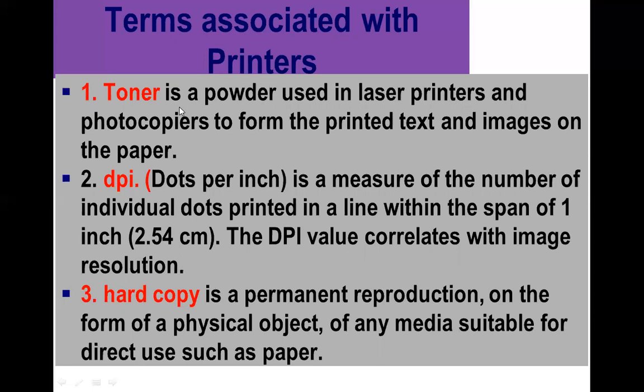If you want to make these images or texts on paper, you have to have toner, especially when you're using the laser jet or laser printers, those that use the powder. So that powder is called the toner. We have dots per inch, a measure of the number of individual dots printed in a line within the span of 1 inch.